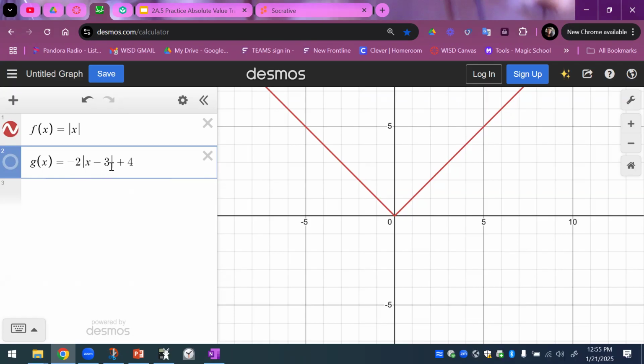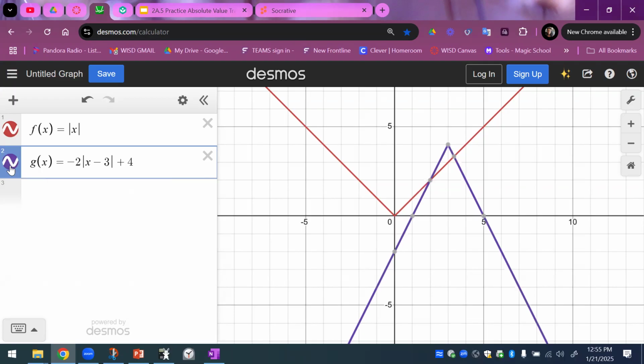If I have x minus 3 on the inside, what is happening? And that means I'm moving in what direction? X is a liar, so I'm going positive. I'm adding 3, so it's going to cause me to go to the right. And then if I have that plus 4, that means it's going to do what? Go up. So that's how you describe what takes place.